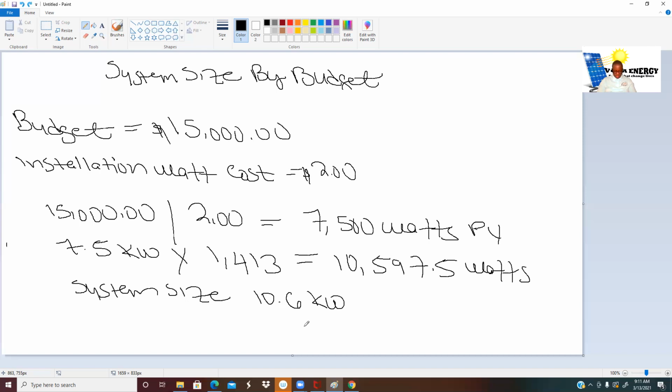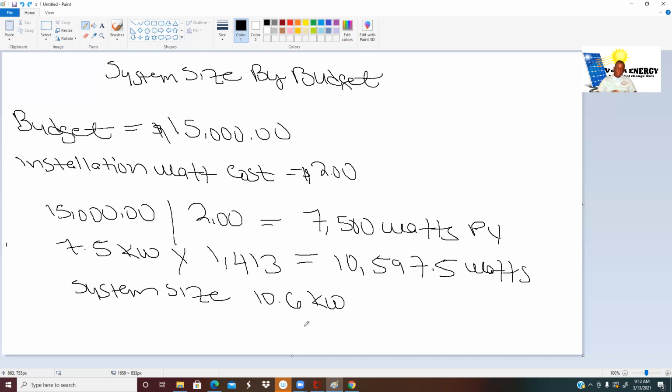So the system will be 7.1 kilowatts, not a fraction though. 10 kilowatts, 7.1.